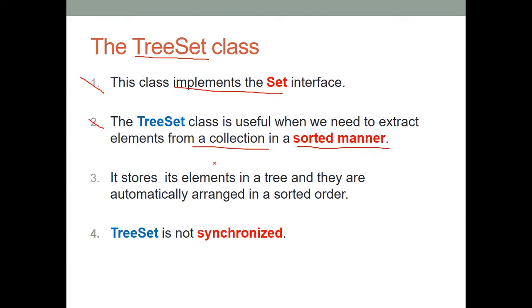Sorted manner means it will by default store the objects in sorted order. It stores its elements in a tree and they are automatically arranged in sorted order. TreeSet is not synchronized. It means that multiple threads can perform operations at a time, so that is called not thread safe.